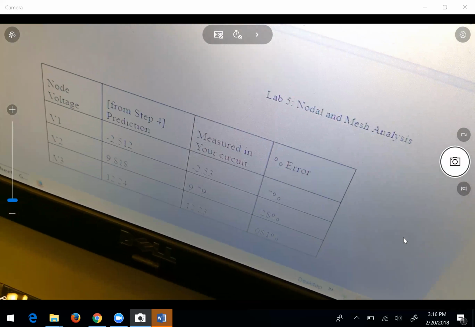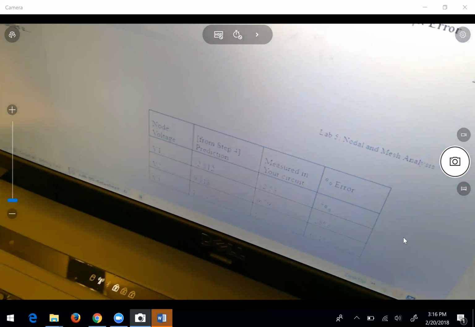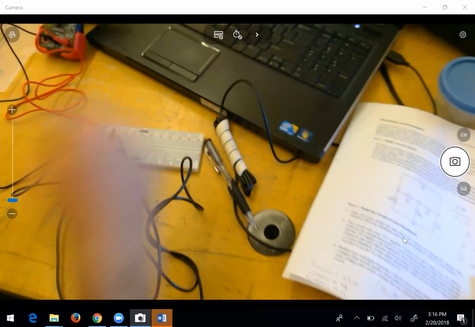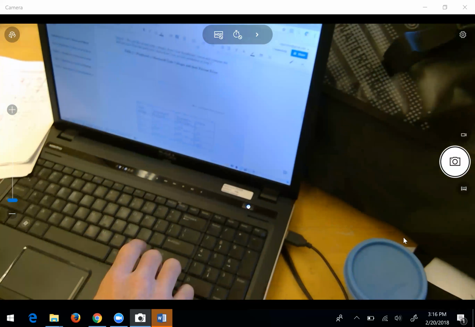Minus 14.7 or something, which is what you see right there. There's a potential difference between those two node voltages. So that was for R4.